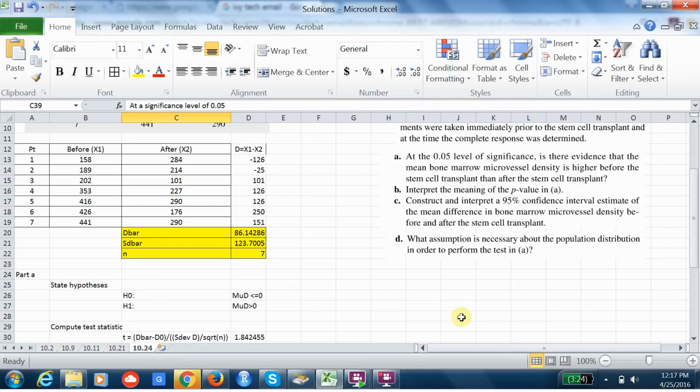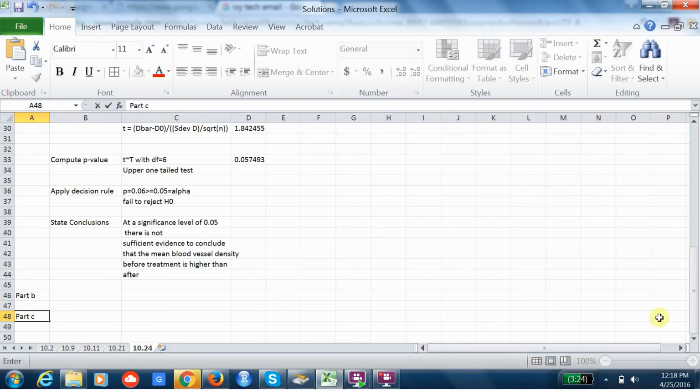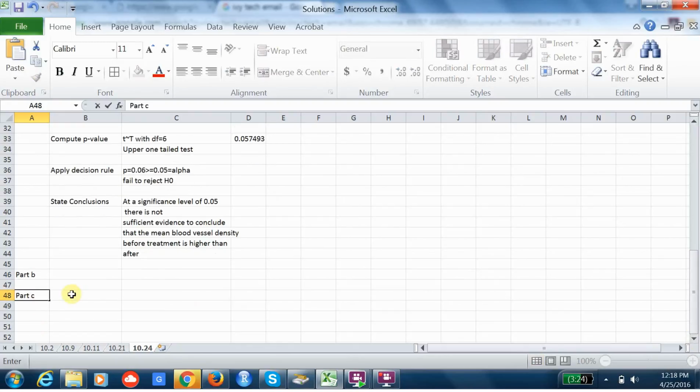Okay, so now we want to construct a confidence interval. Well, the confidence interval is actually very easy because it uses everything that we've done in the hypothesis test. So we want to construct a 95% confidence interval. Okay, so what do we need?